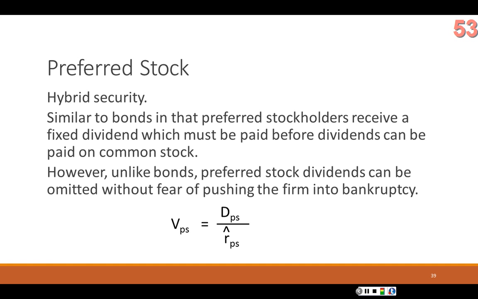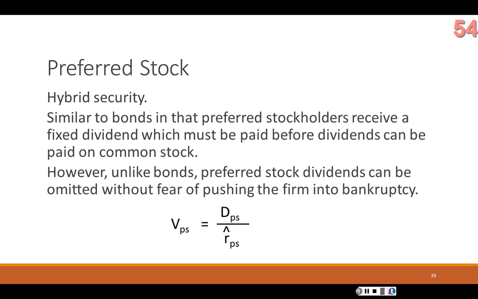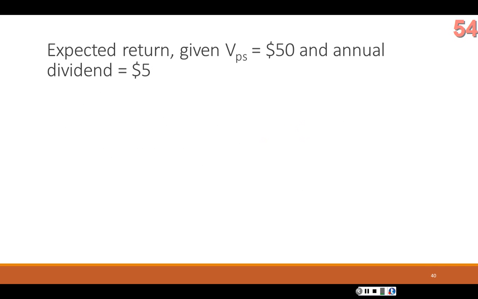To get the value of preferred stock, it's simply equal to the dividend of preferred stock divided by the required return of the preferred stock. So we can calculate expected return. We know that the value of a preferred stock is $50 and its annual dividend is $5. So we can calculate its required return. We're simply changing the equation around. So we have 2 of the 3.